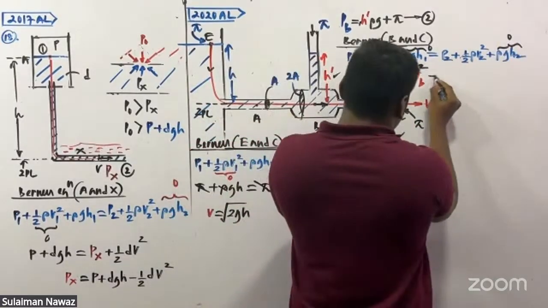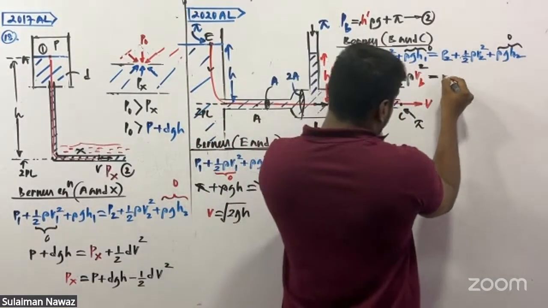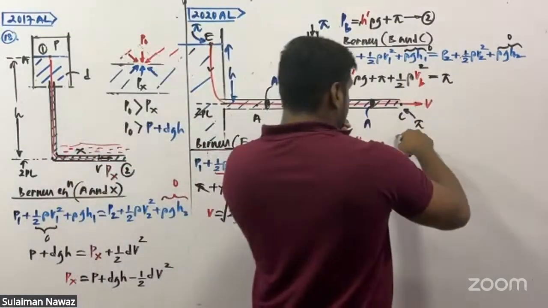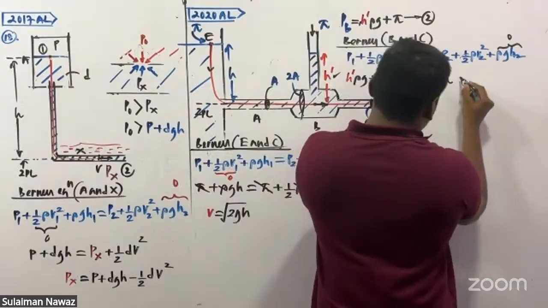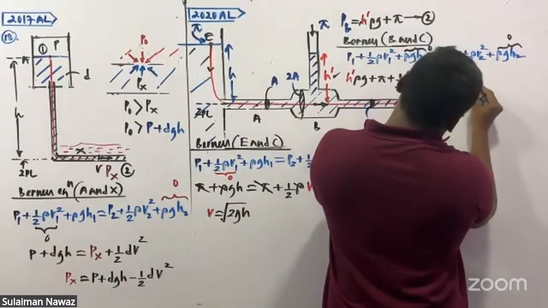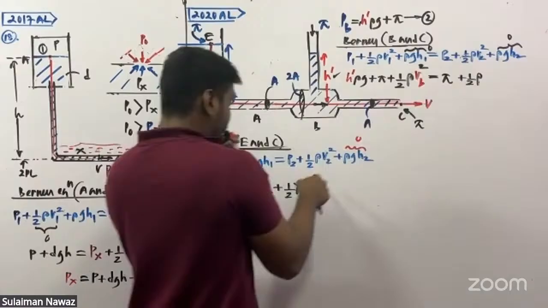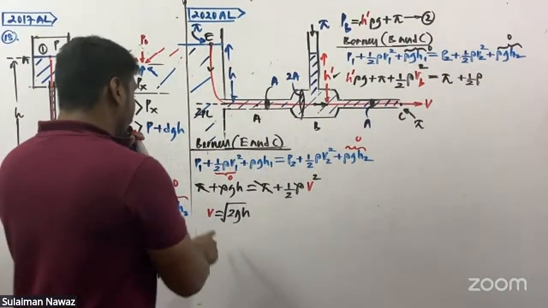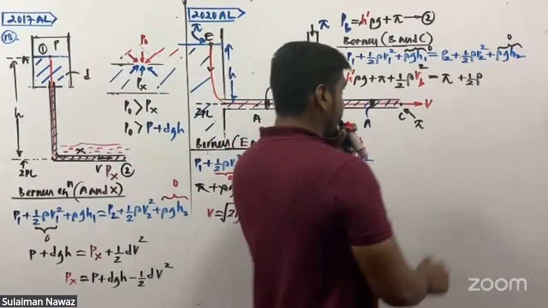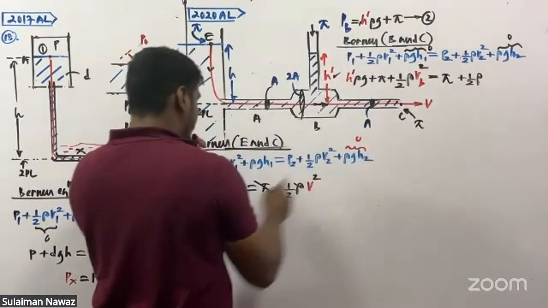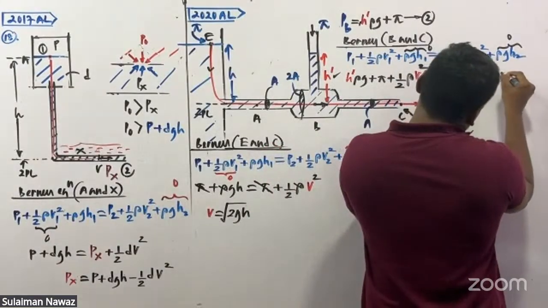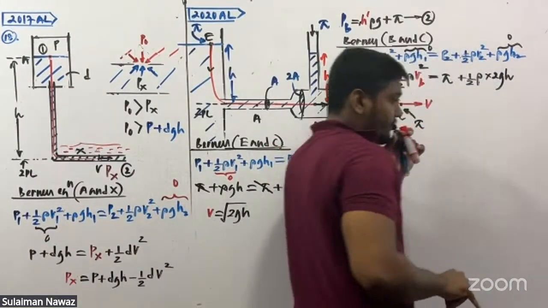Then this must be equal to pressure at point C, which is pi, plus half rho times velocity at point C squared. Velocity at point C, just now I found, how much? Root 2gh. V squared means 2gh.